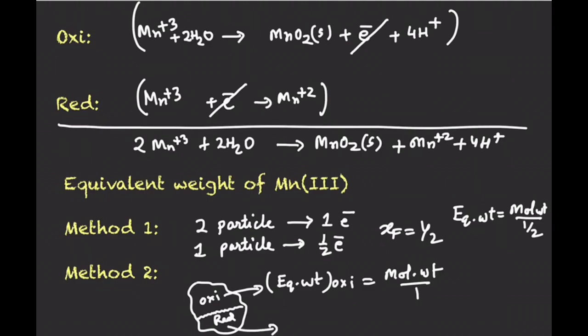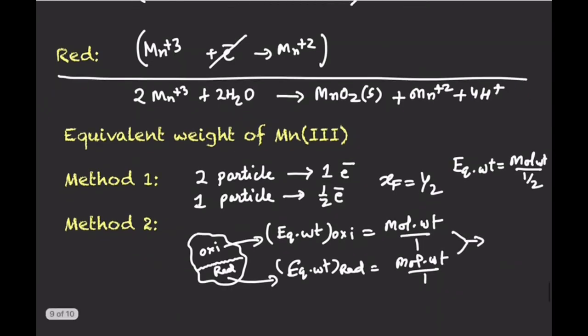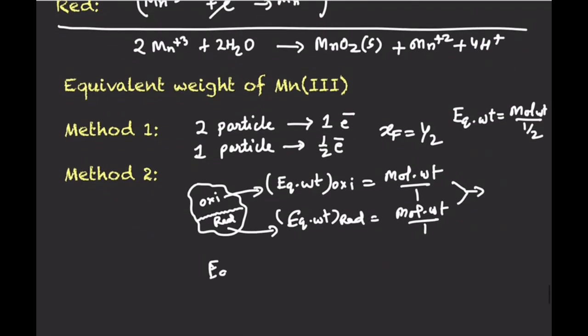In reduction also it is taking 1 electron, so the equivalent weight in the reduction part is equal to molecular weight divided by 1. If we add these two reactions, in the overall reaction we can find the net equivalent weight of manganese plus 3 ions. So the net equivalent weight of manganese plus 3 ion is equal to 2 times the molecular weight. So we are getting the same answer by method 1 and method 2.